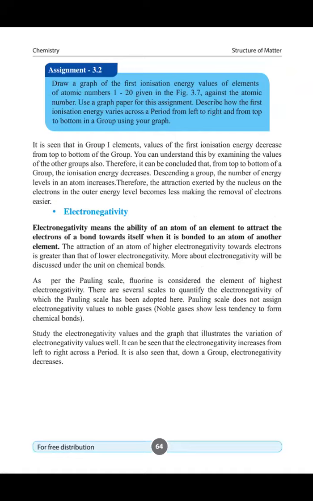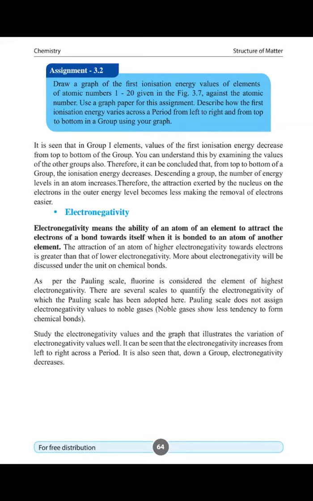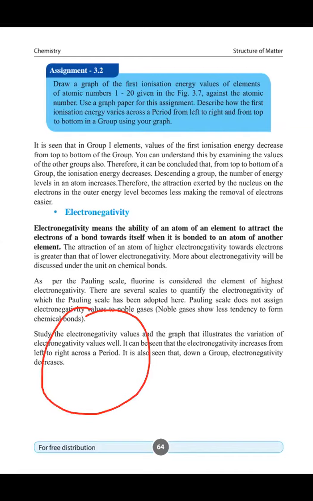Now, there are two atoms. When two atoms are bound together, there are electrons which form the bond. If it is like atom A and atom B, they form a chemical bond with electrons.